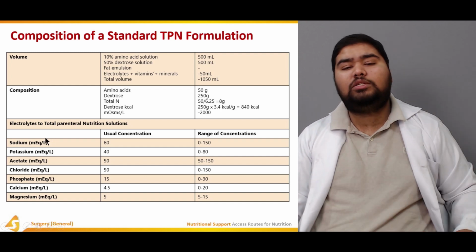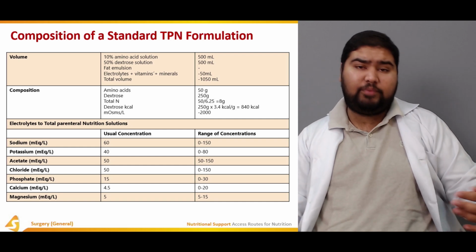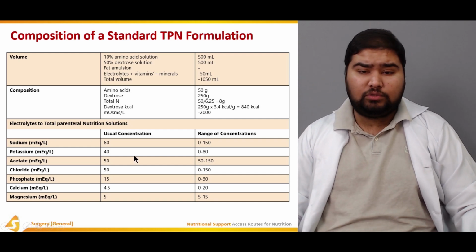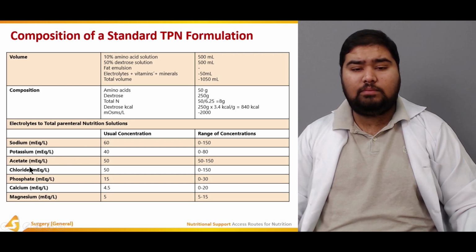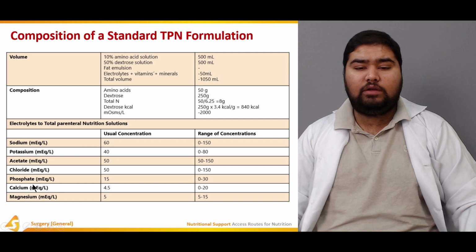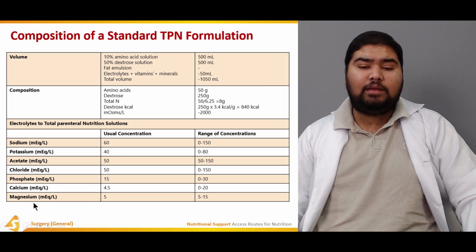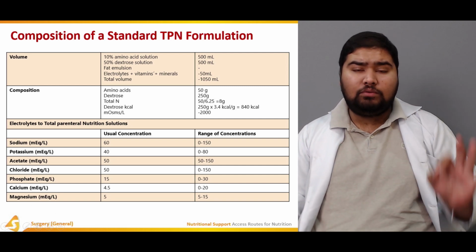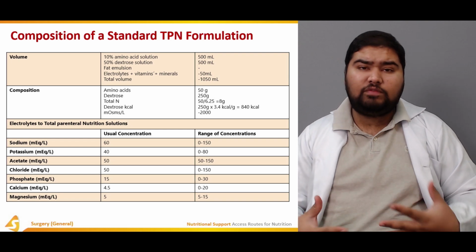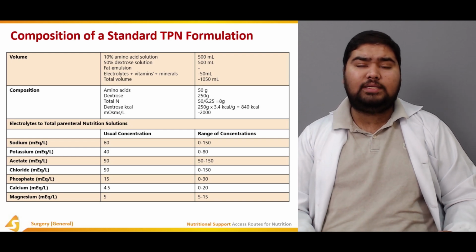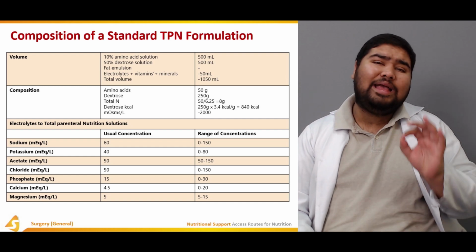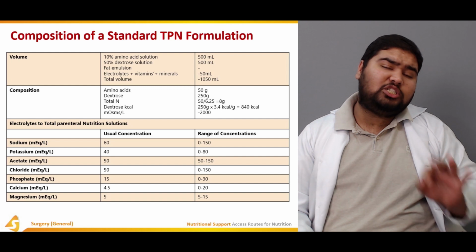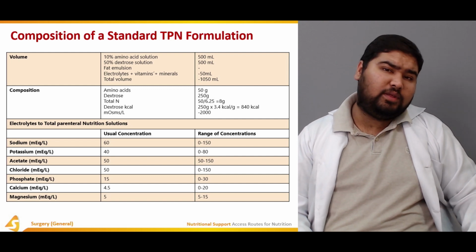Now the electrolytes which are present in the total parenteral solution are sodium, potassium, acetate, chloride, phosphate, calcium and magnesium. The amounts of these electrolytes present in the total parenteral nutrition actually need to be adjusted according to the requirement of the patient.